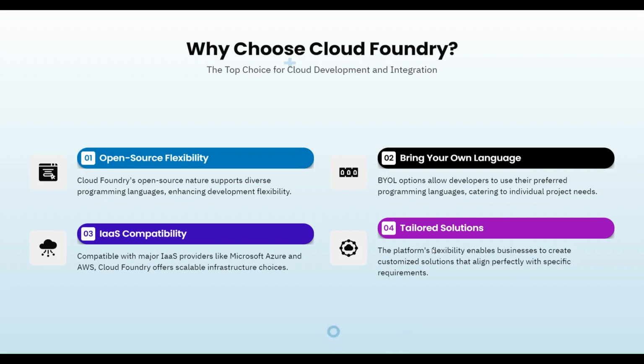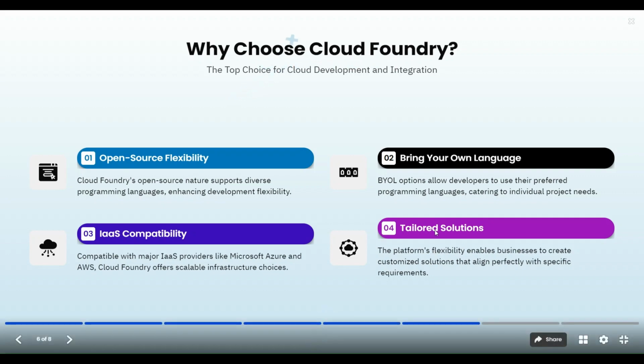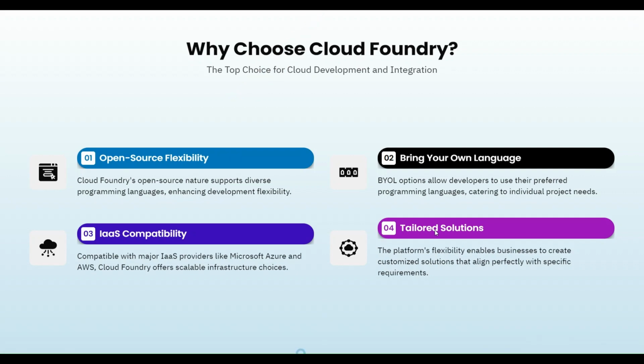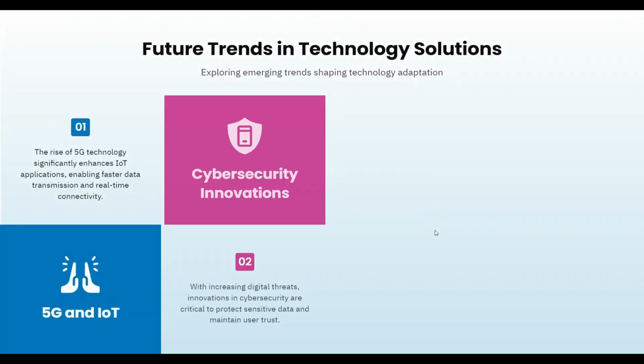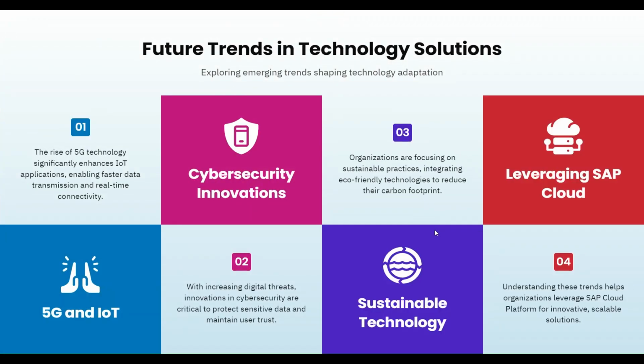Now, in the next slide, we'll go through the future trends in technology solutions. As you can see in the slide, technologies like 5G are accelerating IoT's development, allowing faster data transmission and real-time decision making.